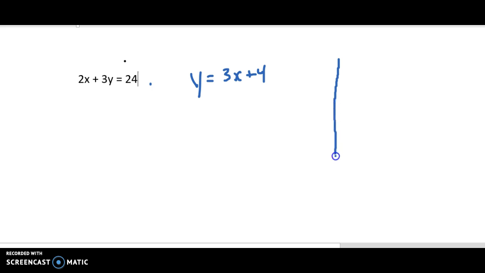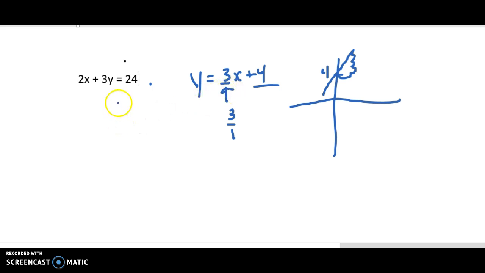In which case, we start at 4 on the y-axis, and then since we can write 3 as 3 over 1, we go over 1 and up 3 for the next point, and then we draw our line. So we know about starting points and we know about rates of change or slopes.